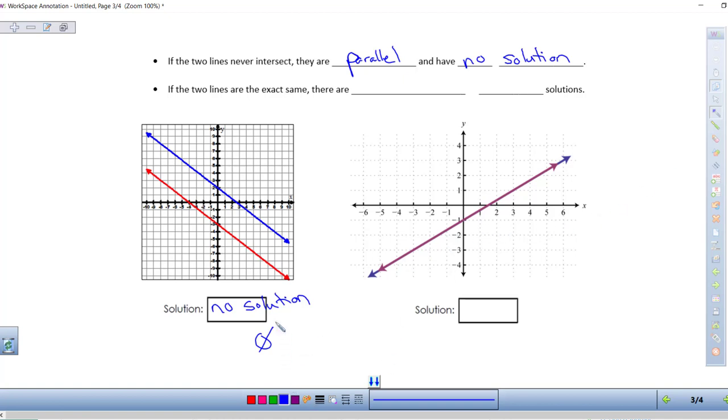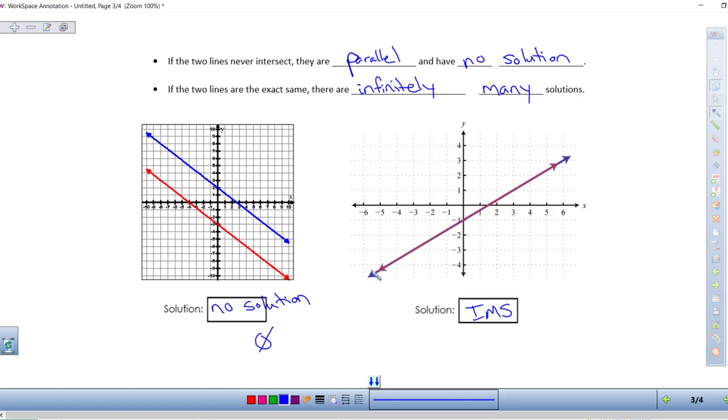The other special case is if the two lines are the exact same. So here we can see the red line is on top of the blue line. They're exactly the same line. If that happens, we say there are infinitely many solutions. And to shorten that up, we can say IMS, infinitely many solutions.